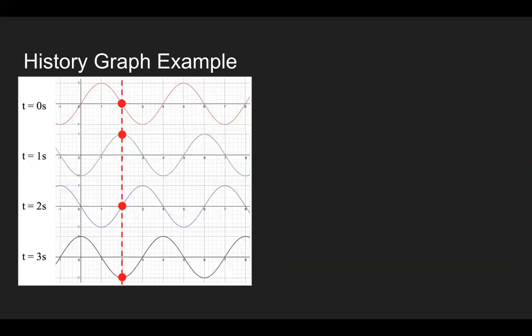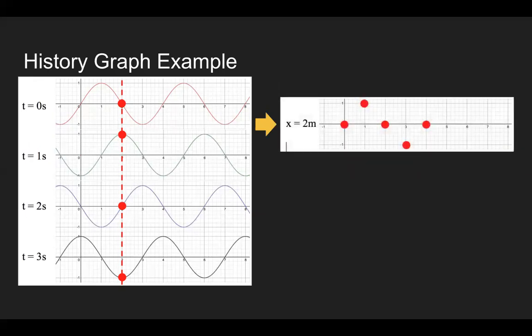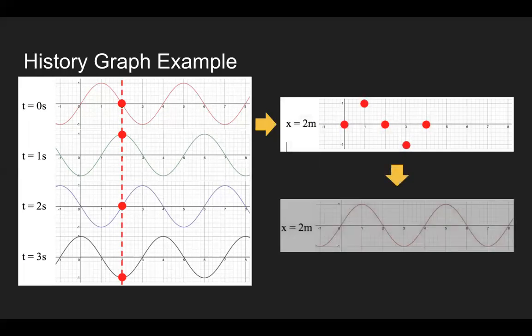I can draw a dotted red line at position x equals 2 meters and place markers of where each snapshot graph intersects the dotted red line. Remember, for a history graph, the x-axis is now time, so for each time from 0 to 3 seconds, we are putting the same displacements from the snapshot graph onto the history graph. And once that is done, we finally obtain the history graph by connecting the dots together.